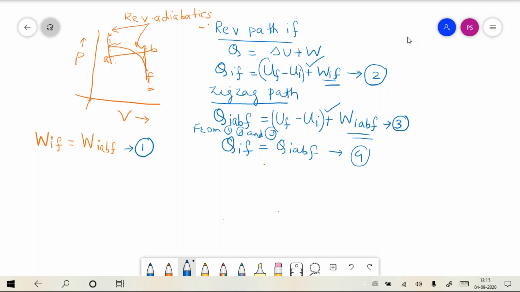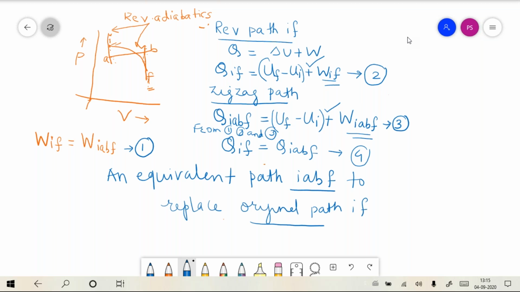In other words, there can be an equivalent path that can replace the original reversible path IF.